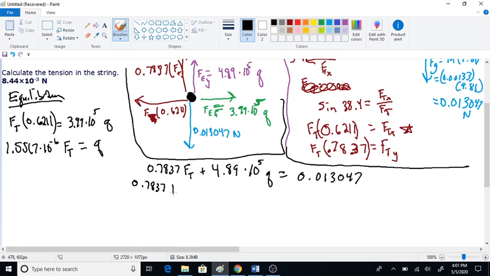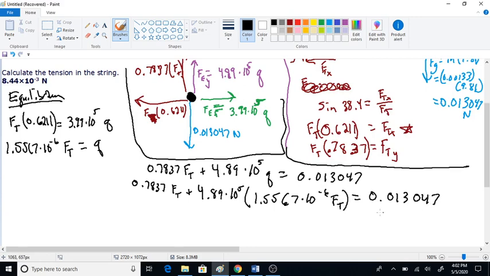So it is 0.7837 Ft plus 4.89 times 10 to the fifth times, what was q? This beast over here, 1.5567 times 10 to the negative 6 Ft equals 0.013047. Now we can multiply those two and combine like terms, so it's all an Ft term.